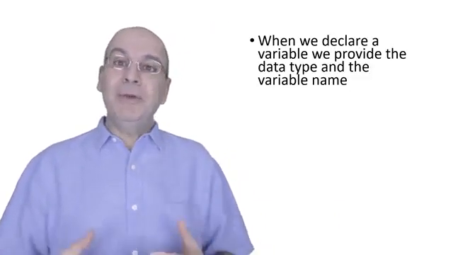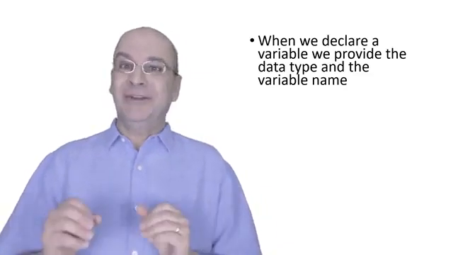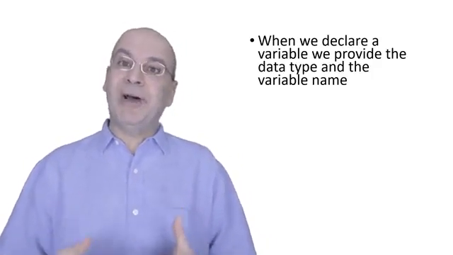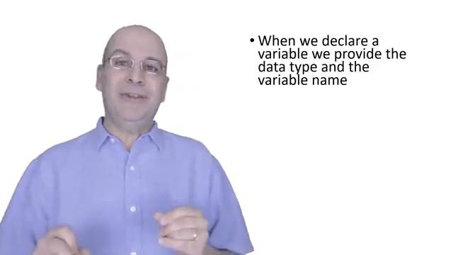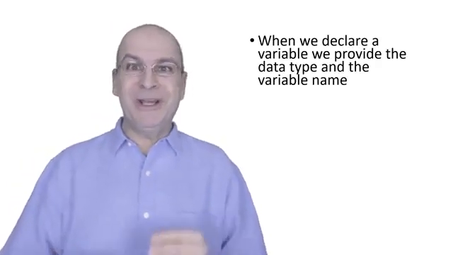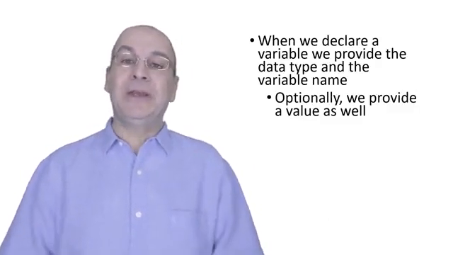And those two ways are variables and constants. When we declare a variable, we provide the data type, so that tells us how to interpret those ones and zeros, and we provide a variable name, and that is the name that we'll use to refer to that memory location instead of using the actual memory address.